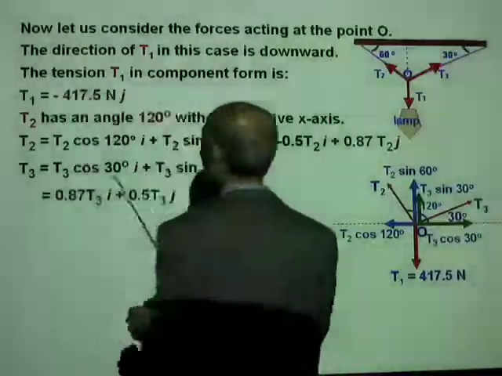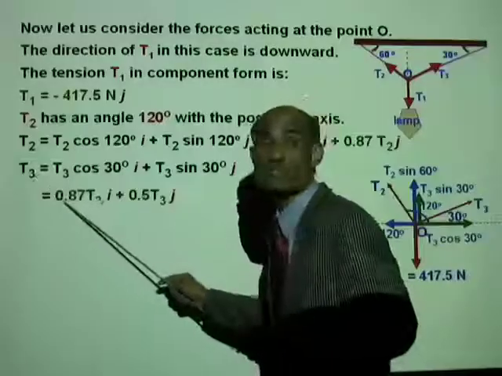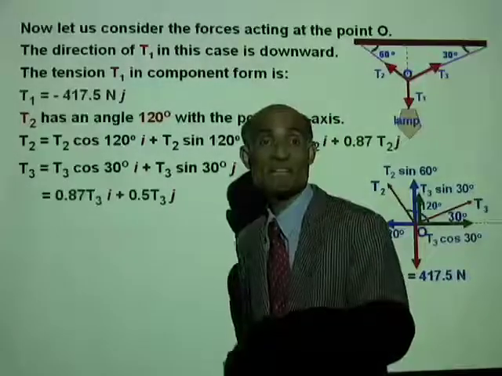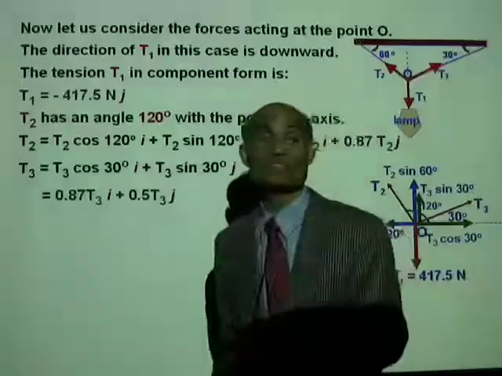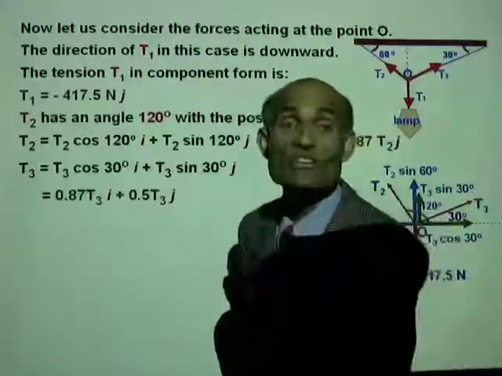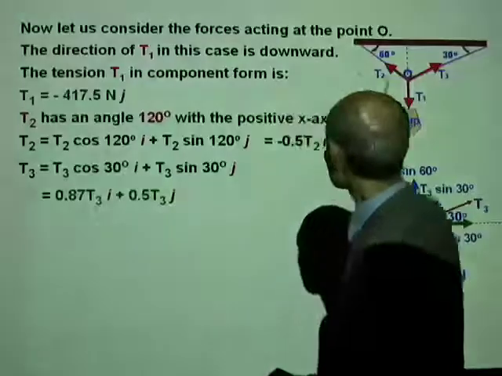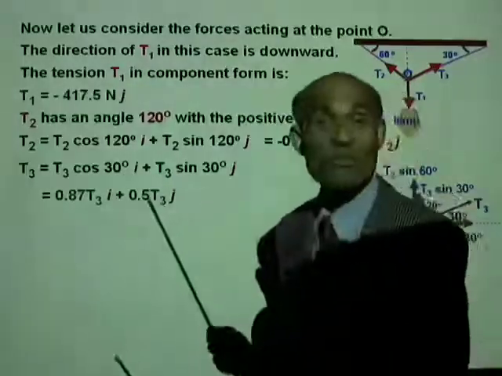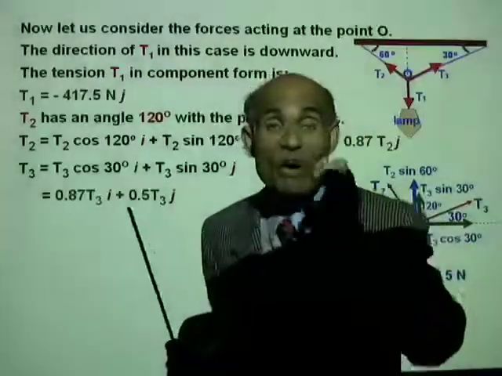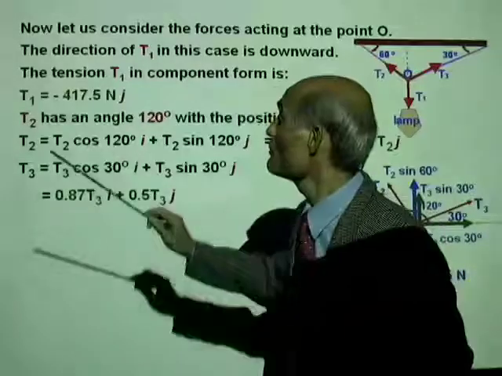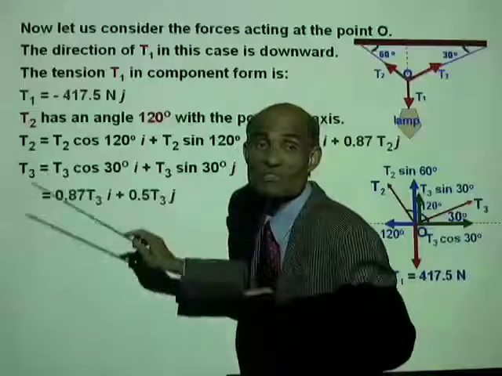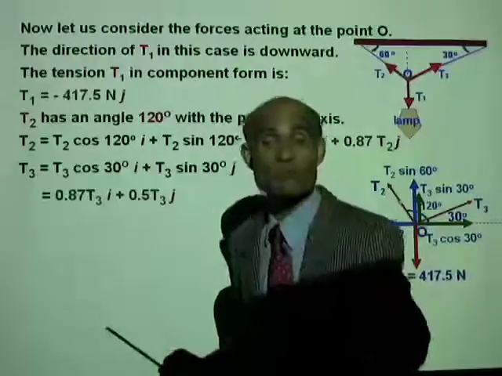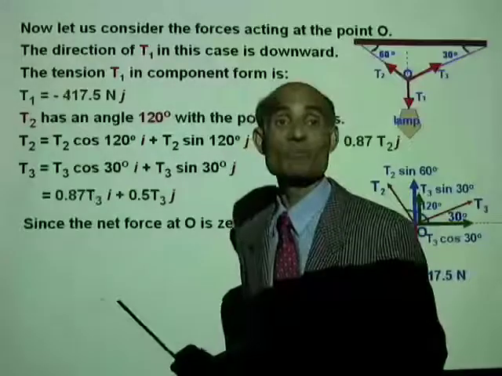And the third force is T3 equal to 0.87 T3 I plus 0.5 T3 J. What is the situation? Since the net force at that point O is 0, if you add T1 plus T2 plus T3, that net force must be equal to 0.